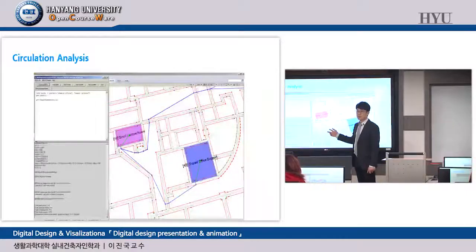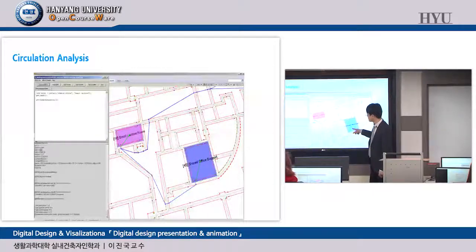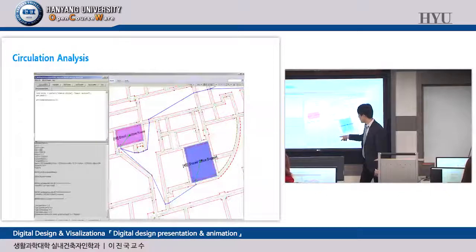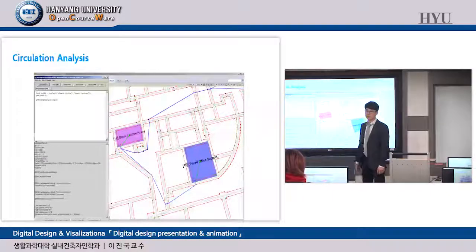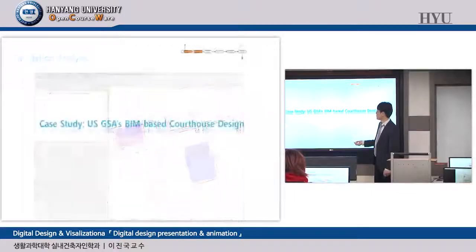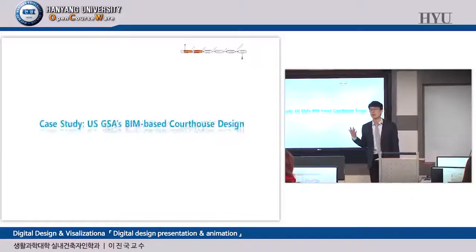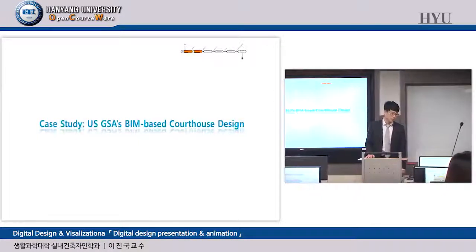Okay, this means the computer knows the precisely measured walking distance and how many spaces one will pass through to access this room. So this kind of thing can be analyzed by BIM tools as an application of BIM.